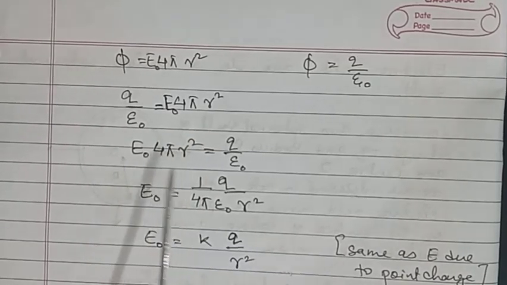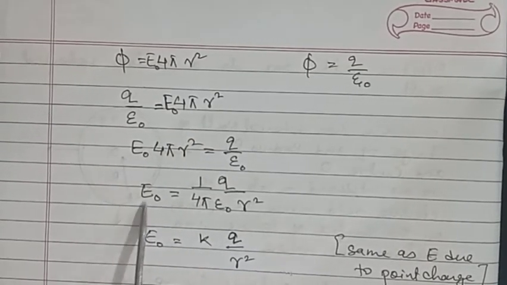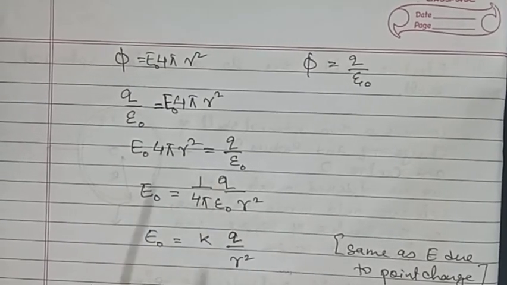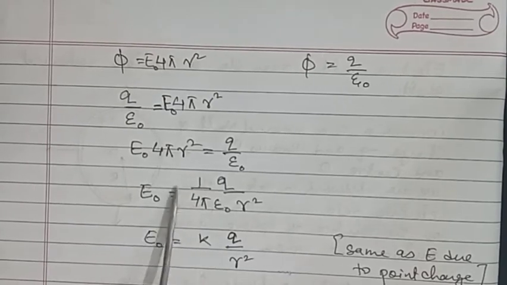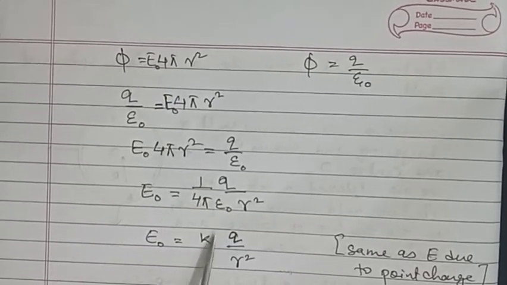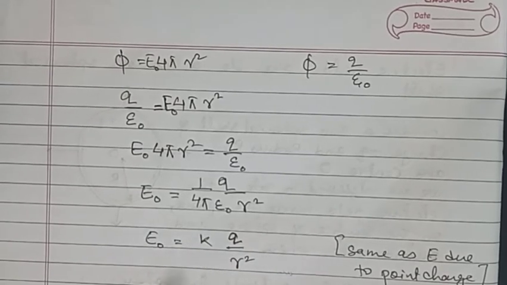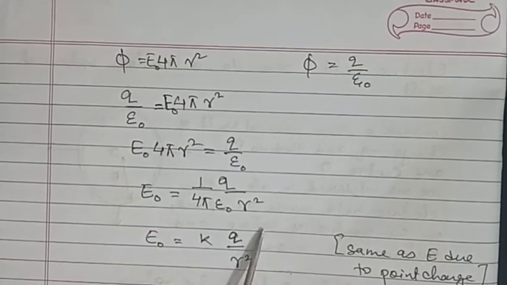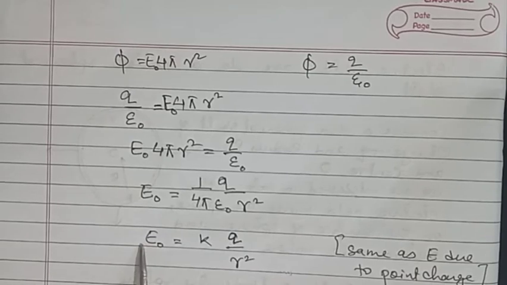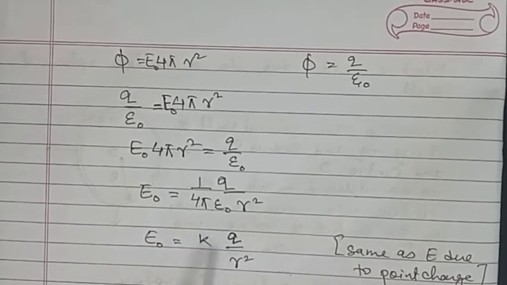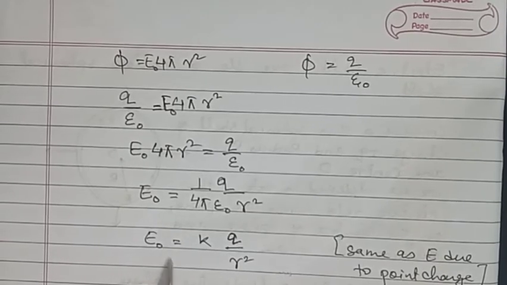If you solve this, you will get E naught is equal to 1 by 4 pi epsilon naught q by r square, and 1 by 4 pi epsilon naught is k. So E naught is equal to k q by r square. So this is the electric field outside the sphere. This is similar to the electric field due to a point charge. So a charged sphere will produce the electric field as produced by a point charge.